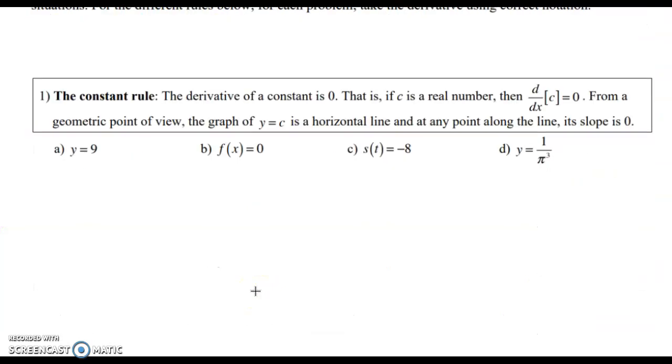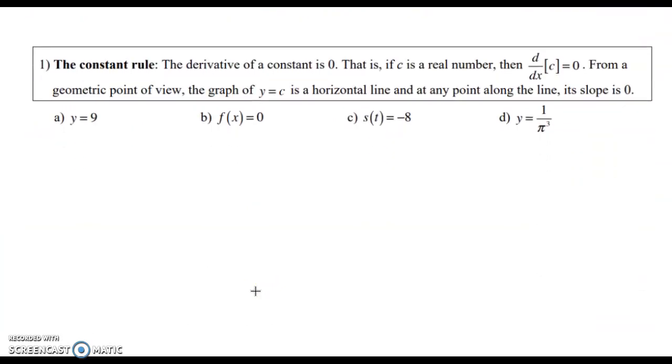Okay, so the first thing is the constant rule. The constant rule says the derivative of a constant is 0. So if we have just a number, remember like y equals 9, that means I go up to 9, I've got a line, and hey, what's the slope of that line? It's always 0.